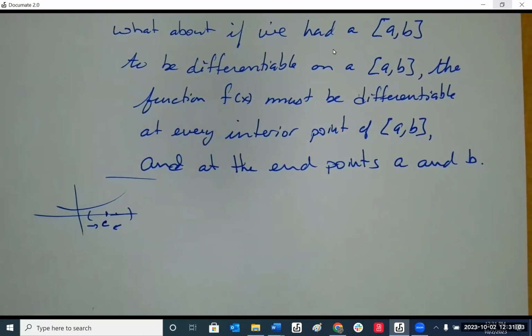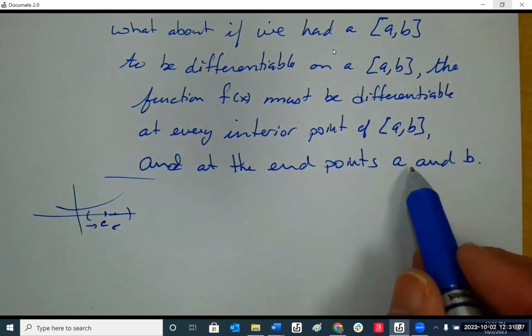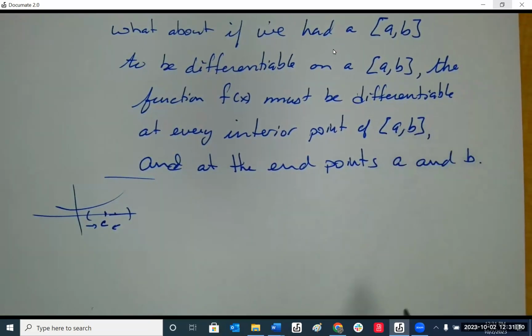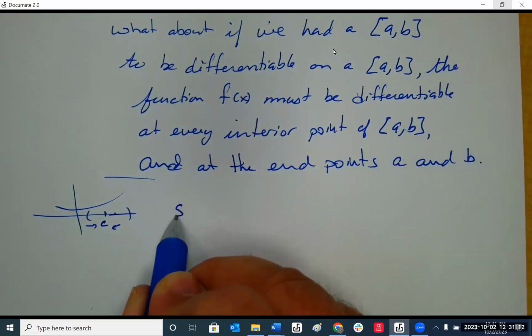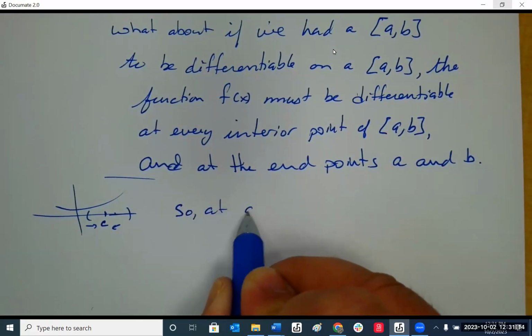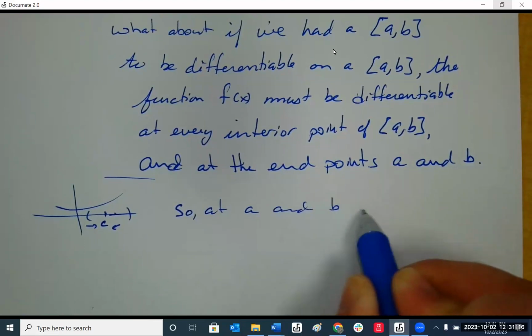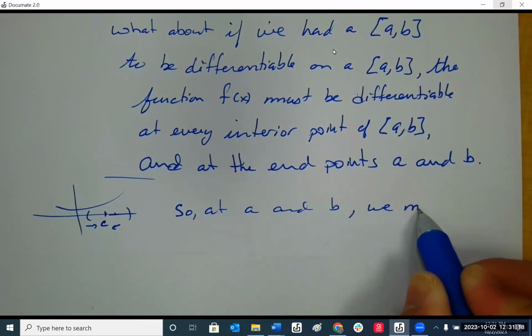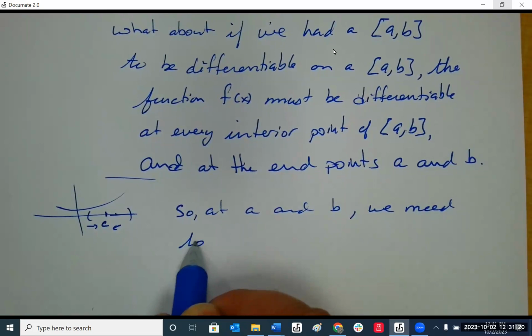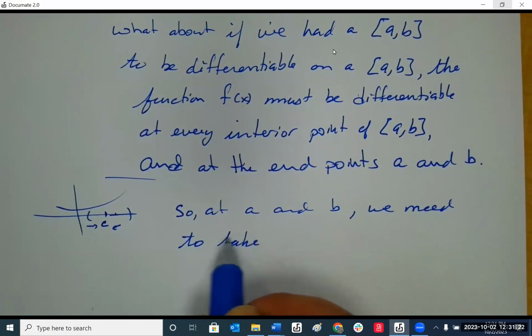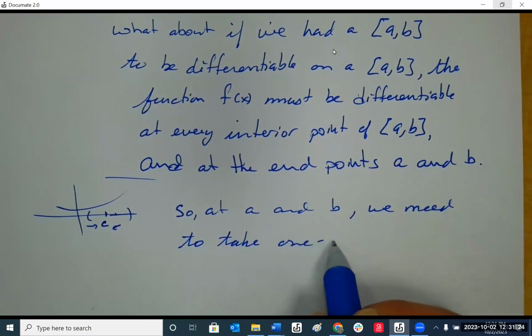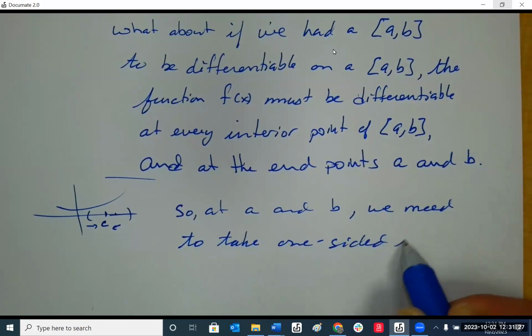Remember, as we defined, the limit to exist has to be able to go from both sides. But if we have endpoints, so at A and B, we need to take one-sided limits.